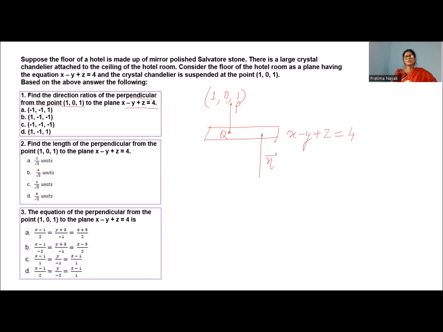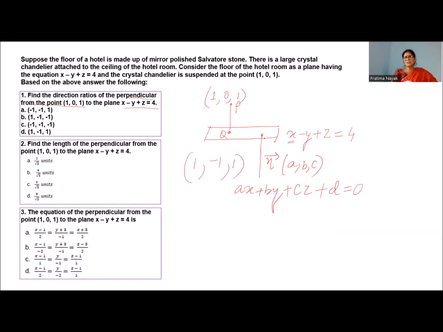What is the normal? The normal to the plane has the direction ratio a, b, c when the plane equation is given as ax plus by plus cz plus d is 0. So here the coefficient of x is 1, y is minus 1, and z is 1.